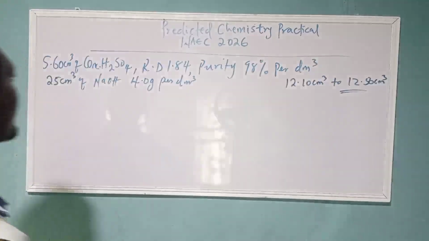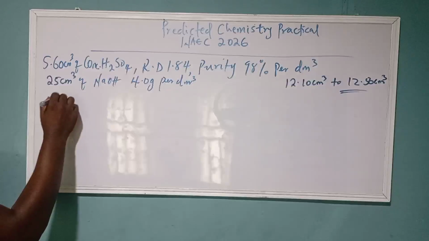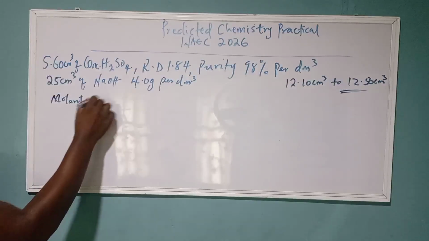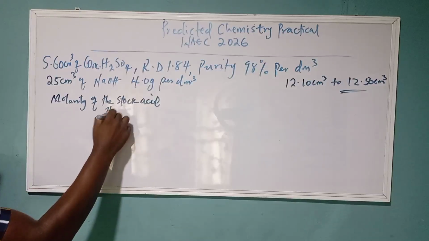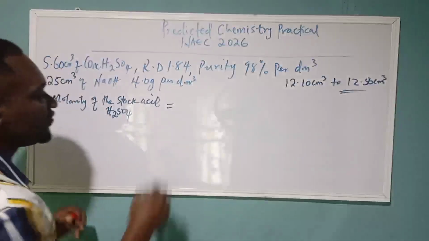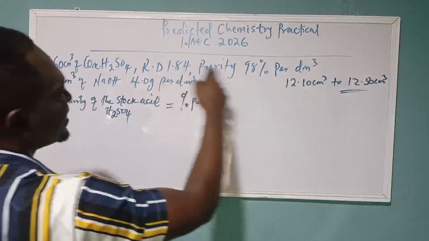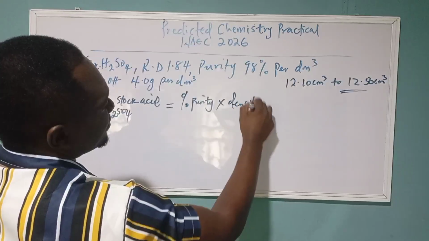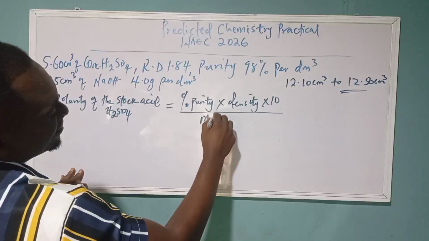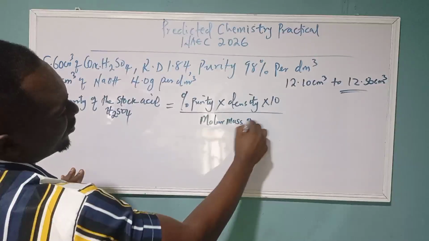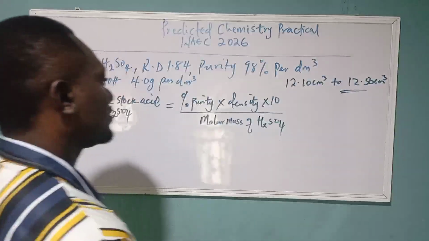So how do you start? The first thing is that you find the molarity of the stock acid, which is H2SO4. It is the percentage purity times the density times 10, all divided by the molar mass of the acid, H2SO4.